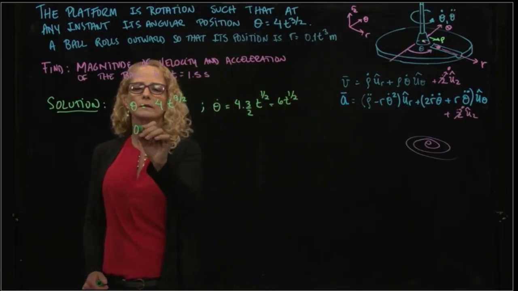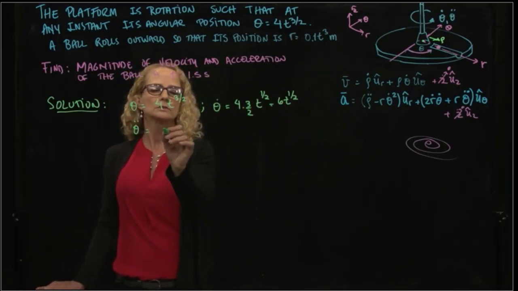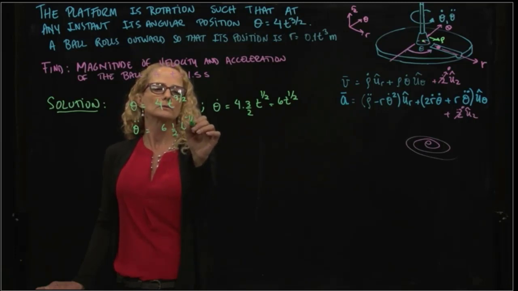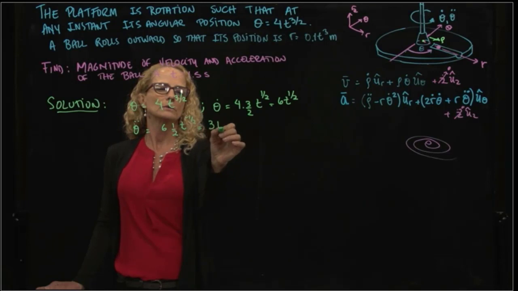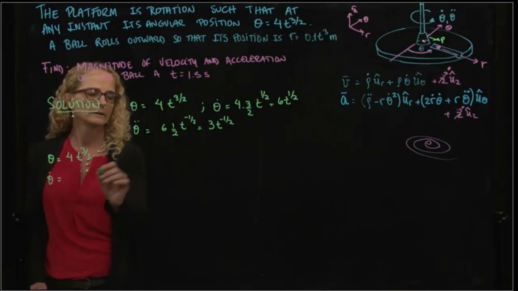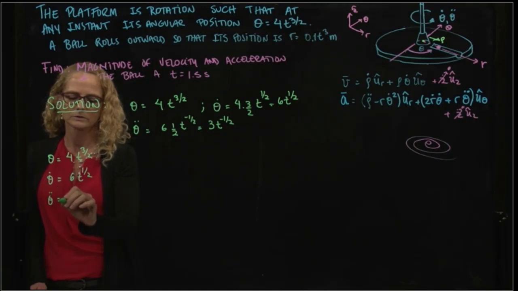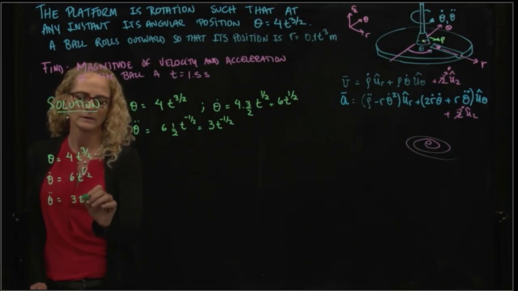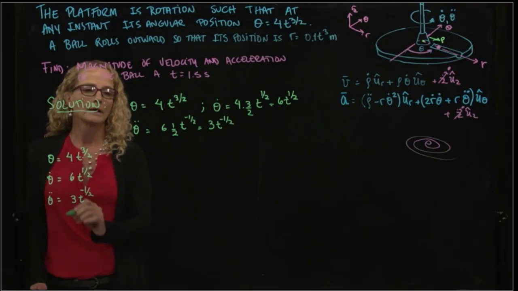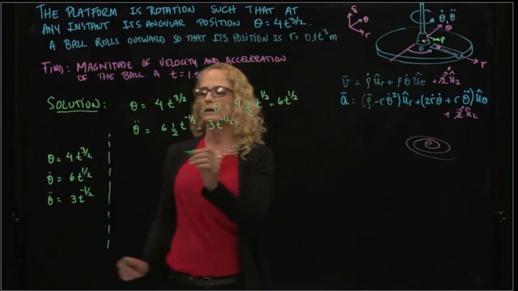And then we want to find theta two dots, so we have to derive this expression, and that will give us 6 times 1/2 times t to the minus 1/2, so it's 3t to the minus 1/2. We can put it very organized. Theta is 4t to the 3/2, theta dot will be 6t to the 1/2, and theta two dots will be 3t to the minus 1/2. And now we need our rho, which is given by that r.